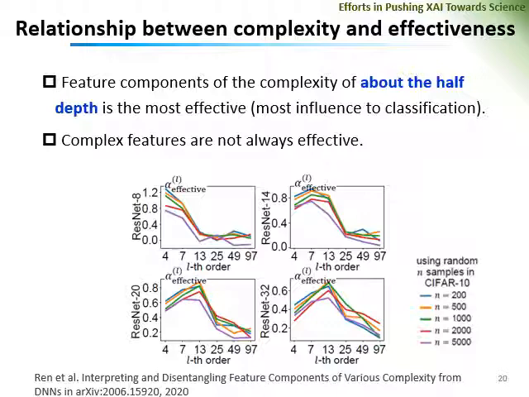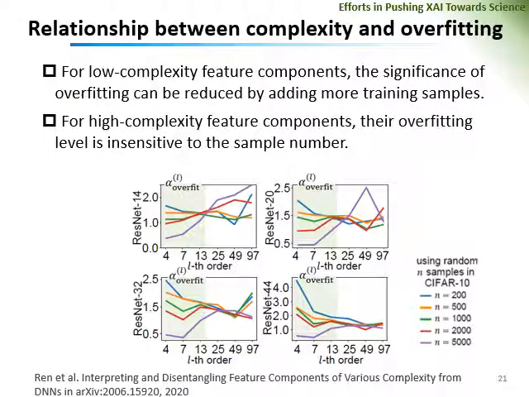The most complex features are not always the most effective. We can reduce the significance of overfitting of low-complexity feature components by adding more training samples.